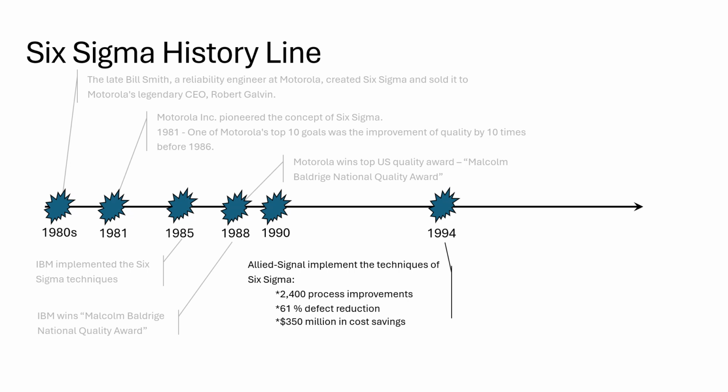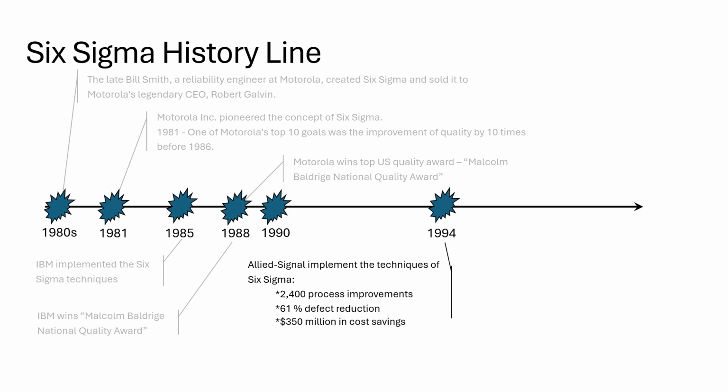Within 4 years, Allied Signal had made 240,000 process improvements and reduced defects by 61%, yielding $350 million in annualized cost savings. Larry Bossidy's success and initiatives were critical factors in influencing GE to undertake Six Sigma implementation.